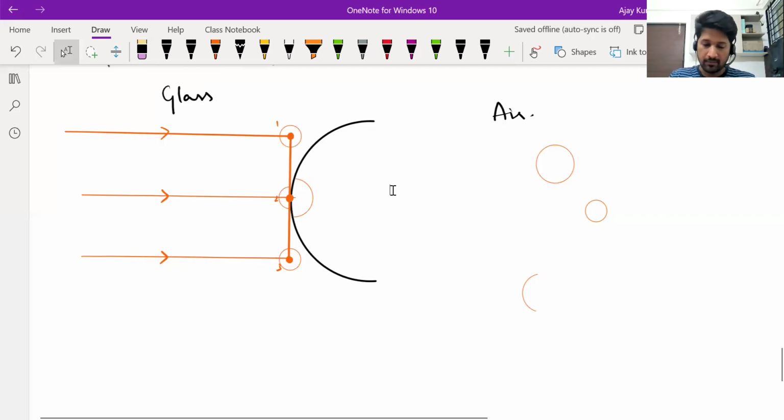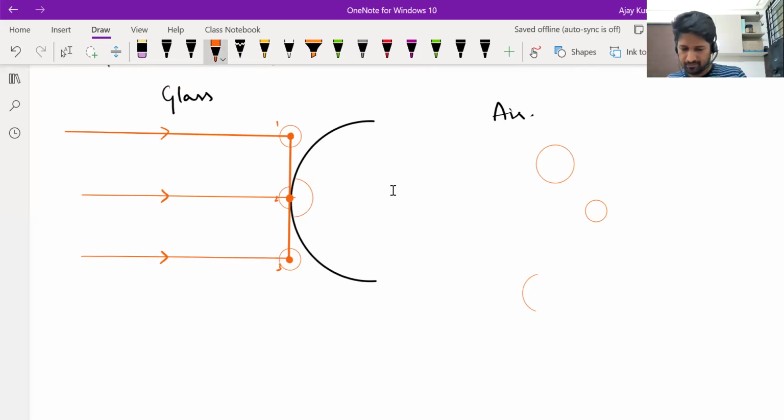So now look at what happens to the wavefront effectively. Till some distance, it will be flat. I mean, it will be parallel to the original wavefront.